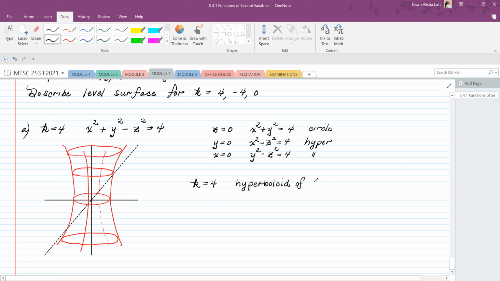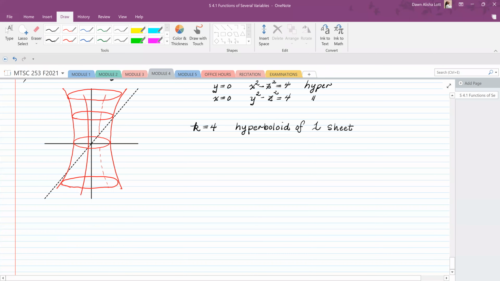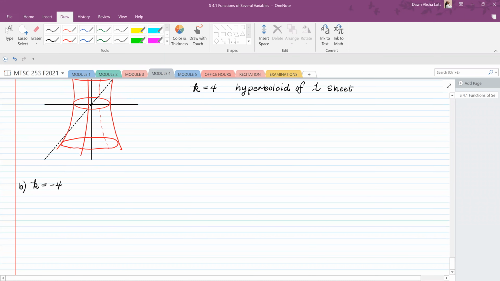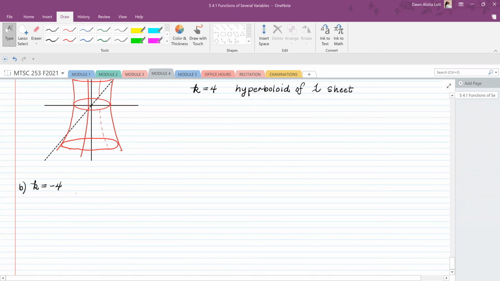Now when k is equal to -4, you end up with x squared plus y squared minus z squared equals -4.